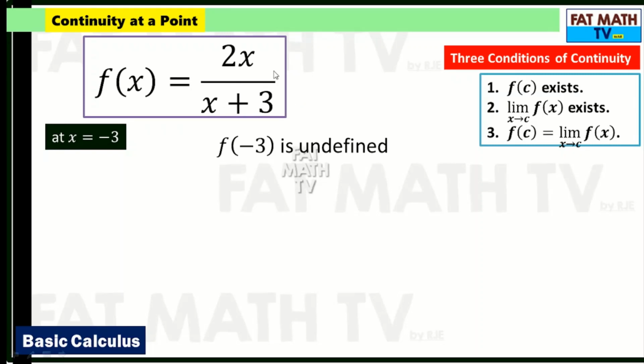So negative 6 over 0 is undefined. So there is no f of c. Since there is already one condition that is not satisfied, we are sure that the function is not continuous at x equals negative 3 because it does not satisfy condition number 1.